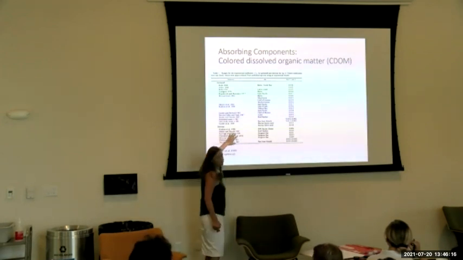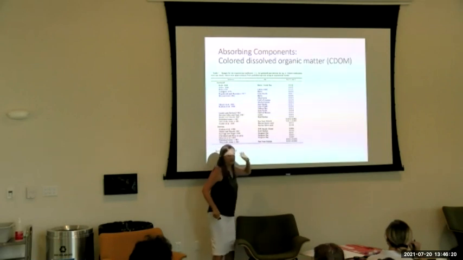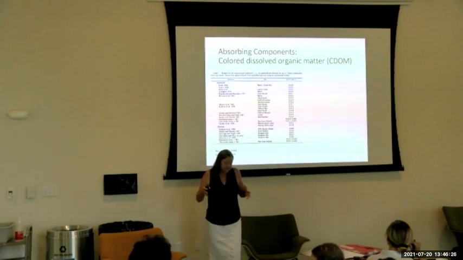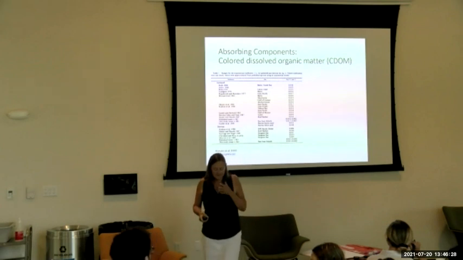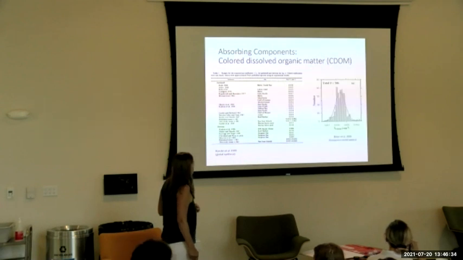Later, I did the detritus, because that's what we called it back then. And you see that they have an exponential slope that's much flatter. So the fresh detrital material has a spectral slope that's flatter than the dissolved. Okay.